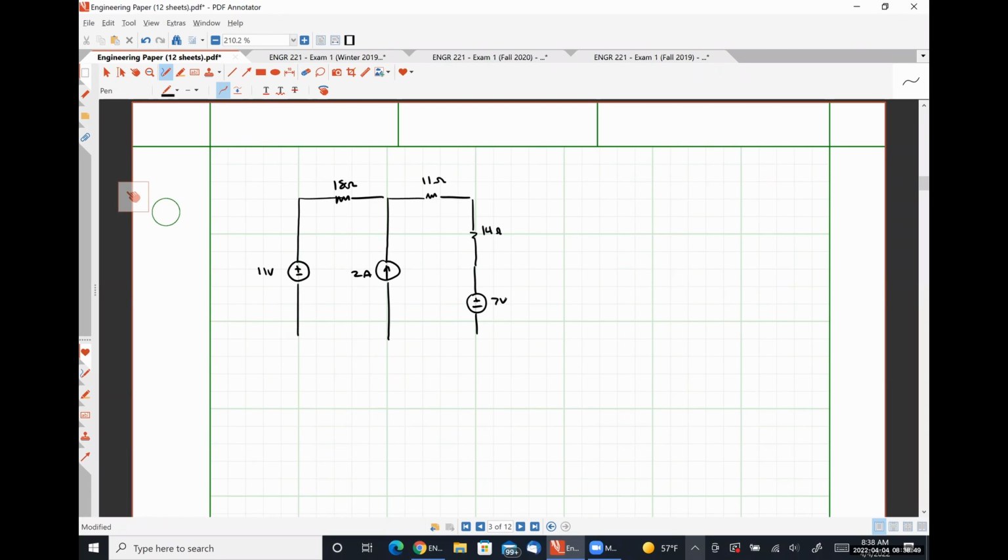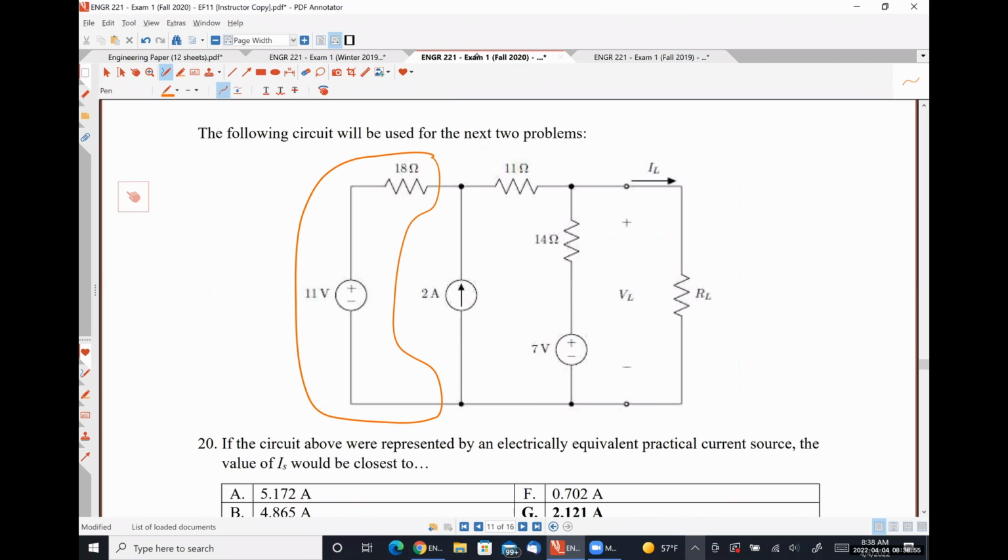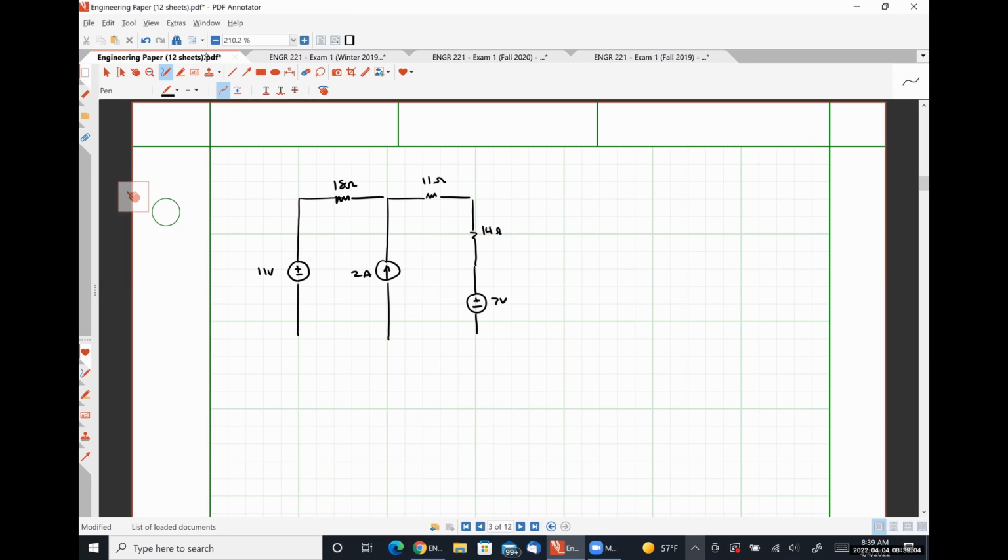I think. And then the VL, okay, so everything to the right of that actually doesn't even matter. So I'm trying to make this thing look like a practical current source, right? Okay.